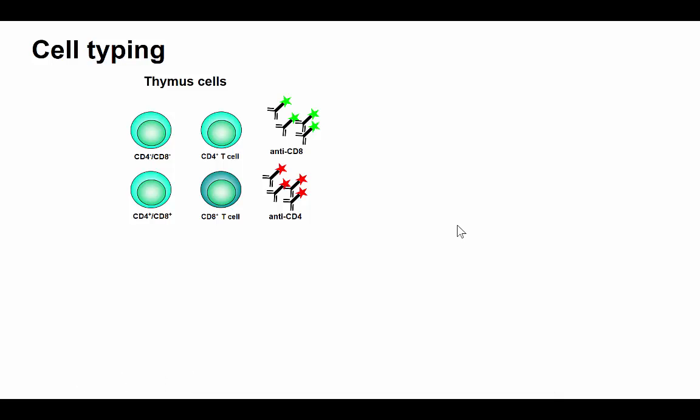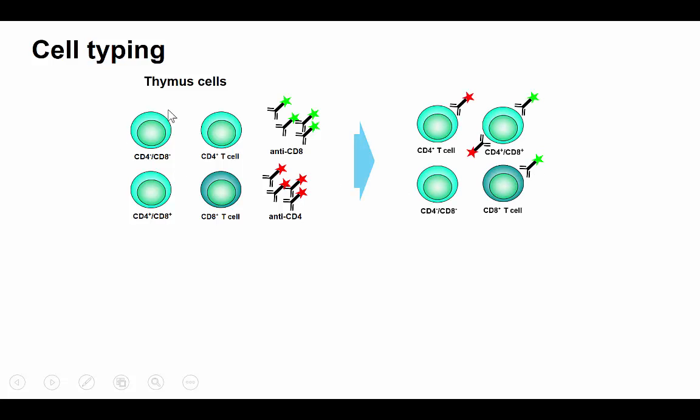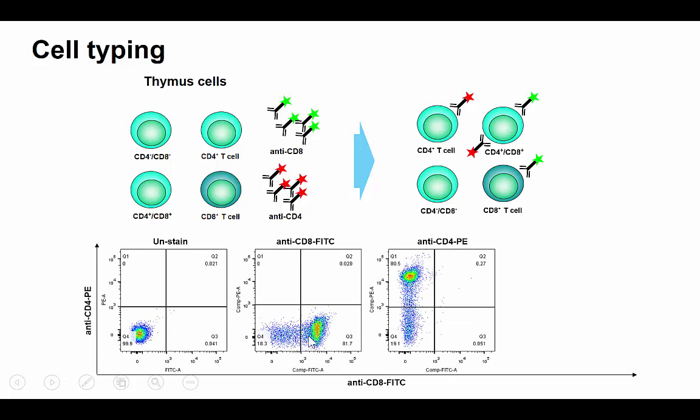In the flow cytometer, the scattering information can tell us whether this is a lymphocyte, a macrophage, or a granulocyte. But inside the lymphocytes, whether this is a T helper cell or a T killer cell, we need other biomarkers utilizing antibodies. Let's say we label an antibody with a green color for CD8 and CD4 for helper cells with a red color. Now we can label a mixture of cells with different antibodies, and then plot them.